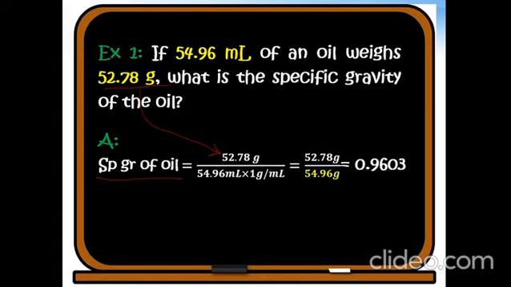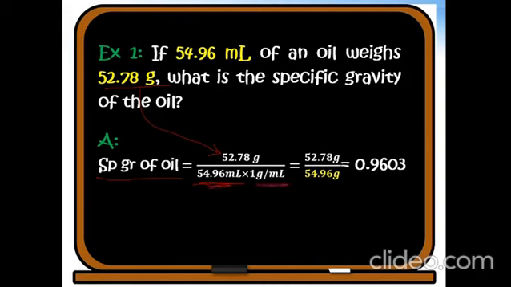The denominator is the weight, according to the definition of specific gravity. The denominator should be the weight of the same volume of water. Same volume means the same volume as the oil. So we know the volume of the oil.